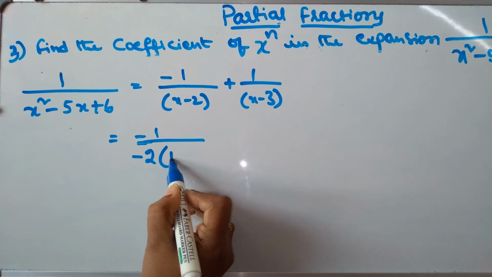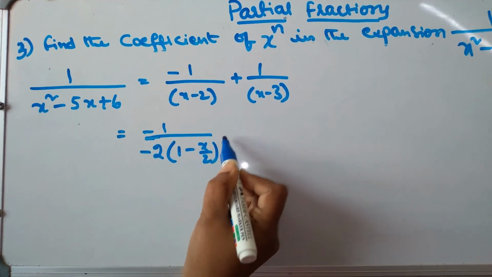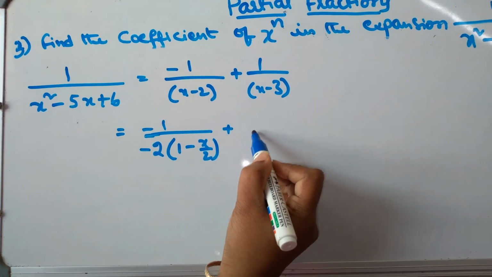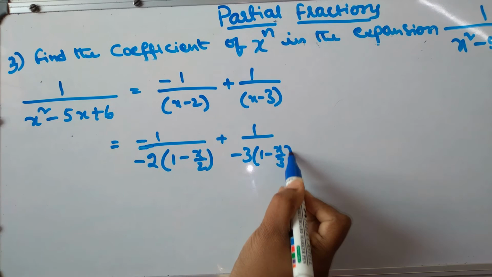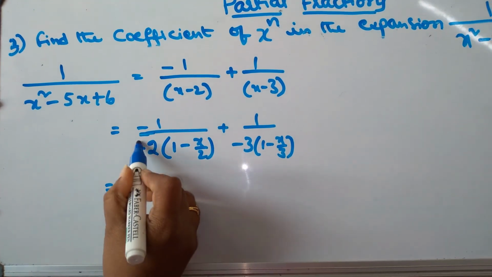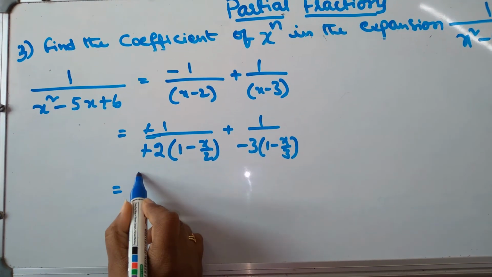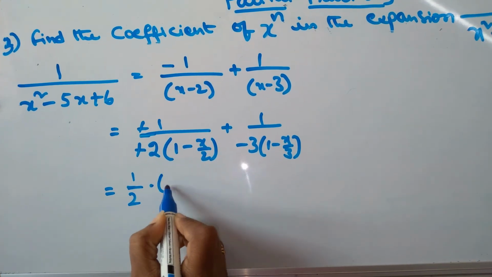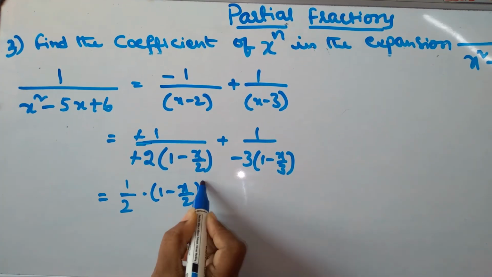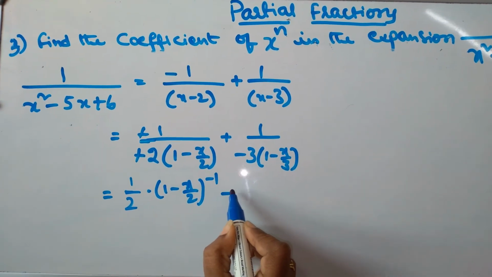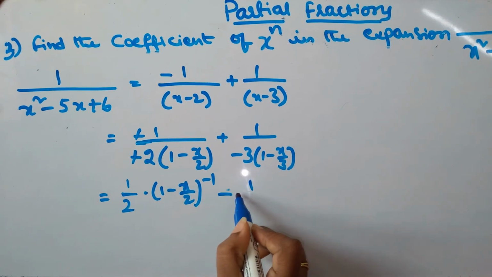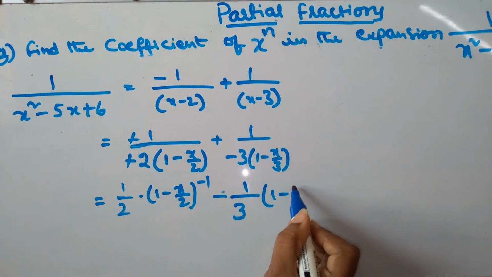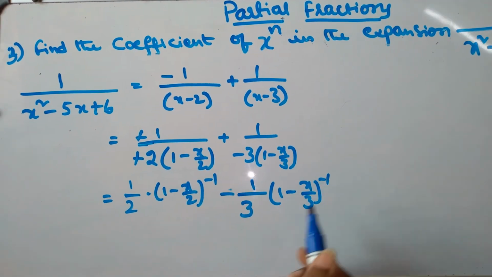Then it becomes 1 minus x by 2 plus, here minus 3 we will take out, 1 minus x by 3. And this can be written as minus minus, cancel it out, 1 by 2 into 1 minus x by 2 whole power minus 1 plus into minus is minus. So 1 by 3 into 1 minus x by 3 whole power minus 1.